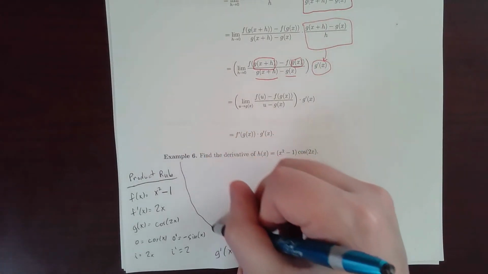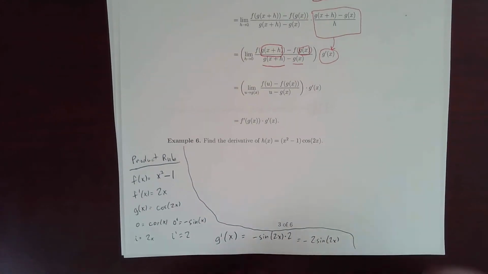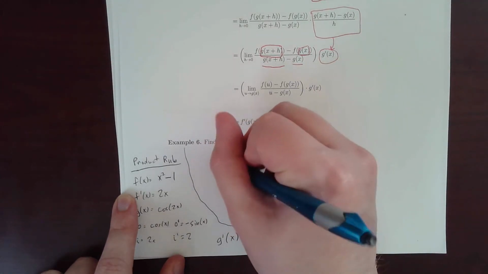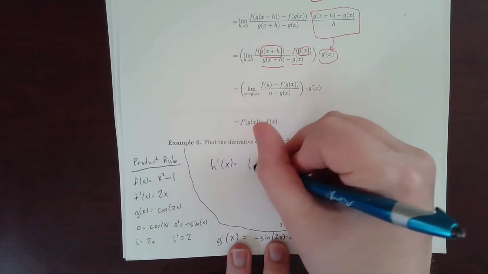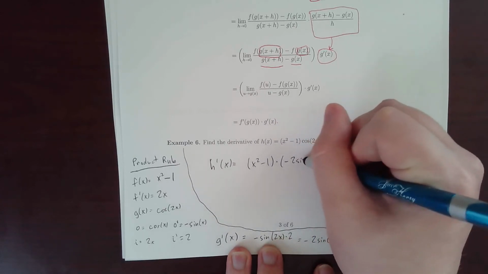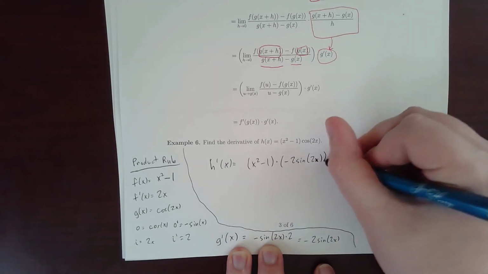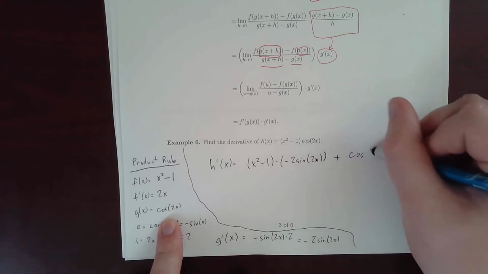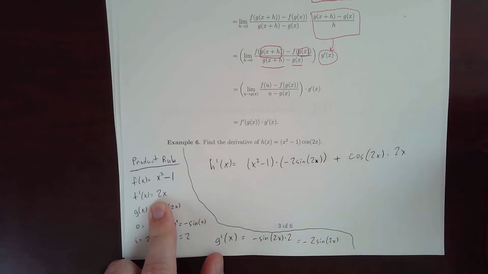So, with all this work done ahead of time, product rule says that we want the first times the derivative of the second. So for h prime of x, we want x squared minus 1 times negative 2 sine of 2x, plus cosine of 2x times the derivative of the first, which is just 2x.